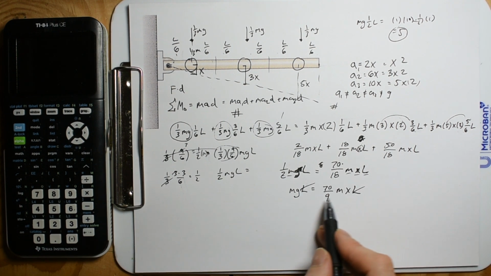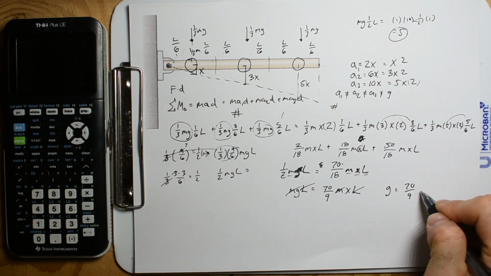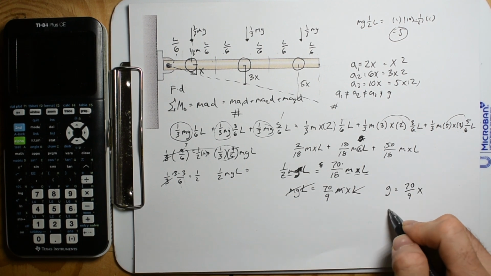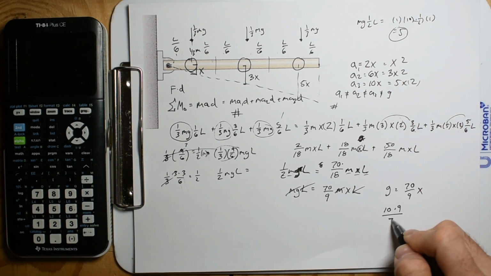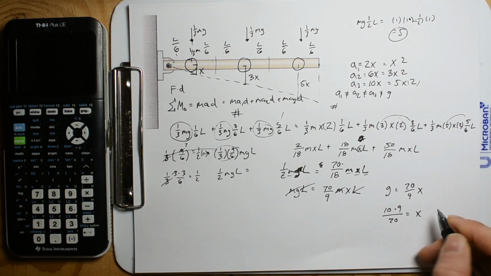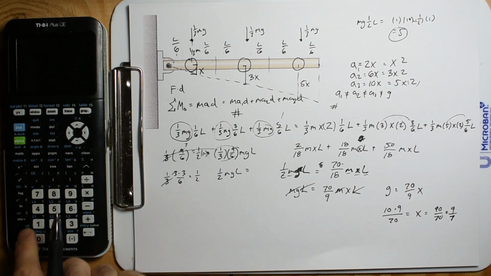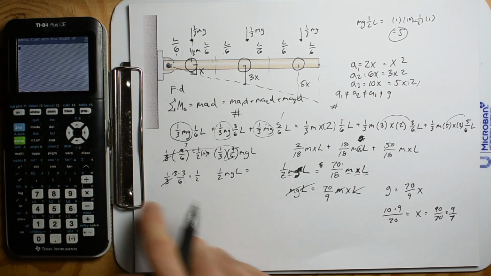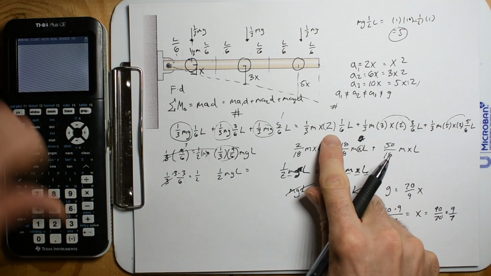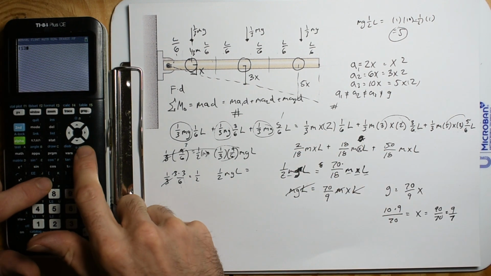So we're going to see that g is equal to 70/9 x, and we're going to have 10 times 9 divided by 70 is equal to x, which is going to be 90 divided by 70, 9/7. All right, so 9 divided by 7 is x, and we're going to store that as x. Now we're going to throw it back into the equation. I don't even know if I did it right. So we're going to do 1/3.